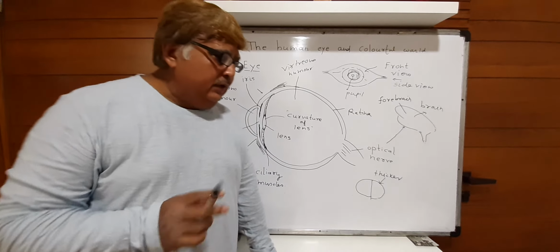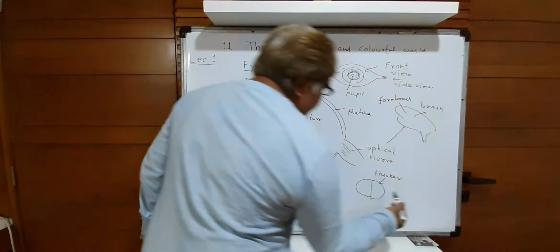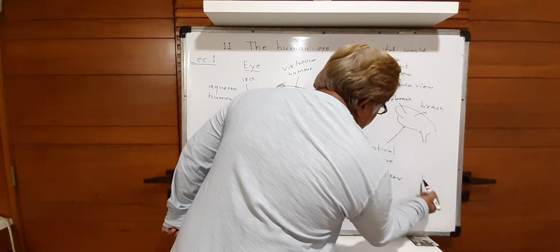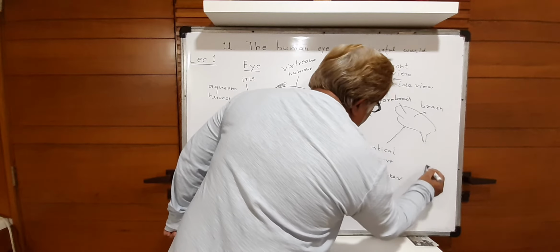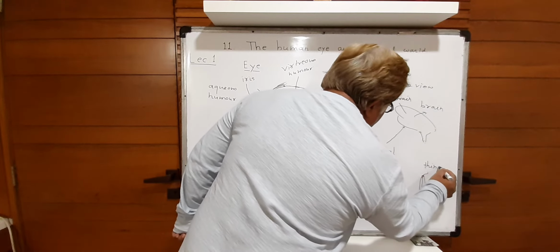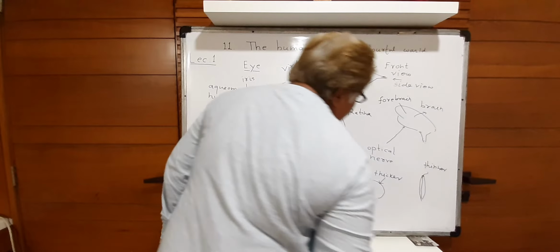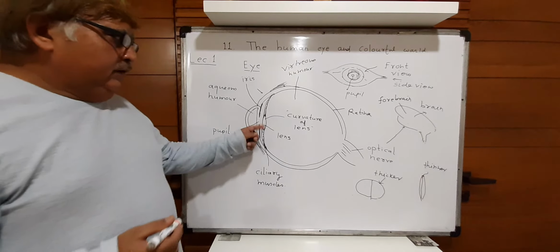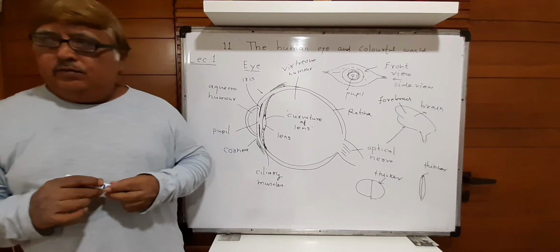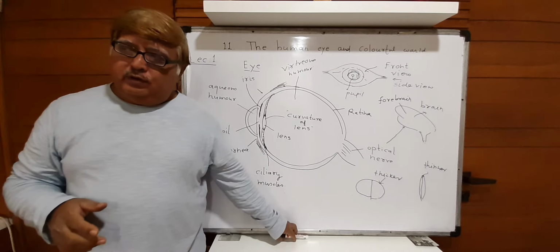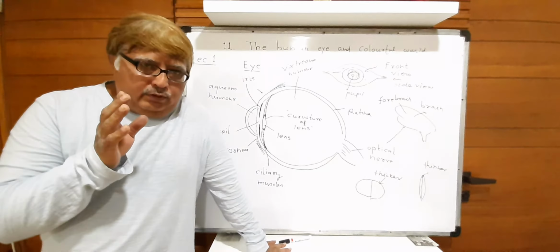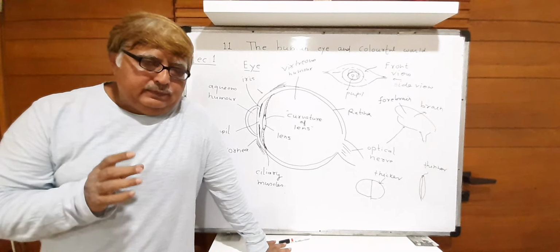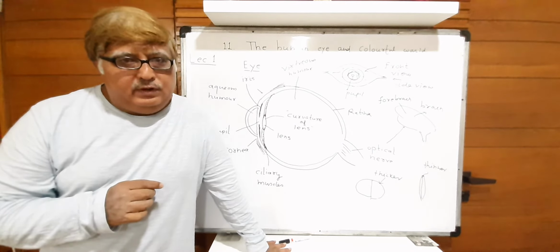Remember this. And if the curvature decreases, suppose a slim lens, the curvature decreases, then the lens becomes thinner and the focal length increases. So the ciliary muscle has the capacity to increase or decrease the curvature of the lens.